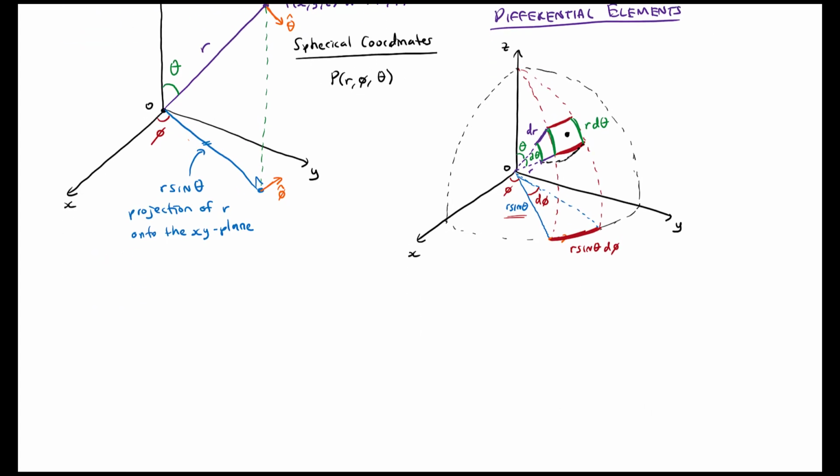So let me just go down here. We're going to look at our differential length elements. We know that we have dr, we know that we have r d theta, and we know that we have r sine theta d phi.